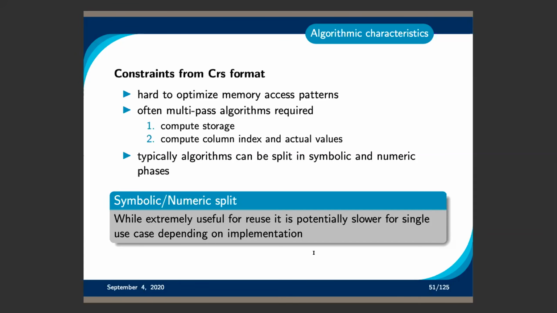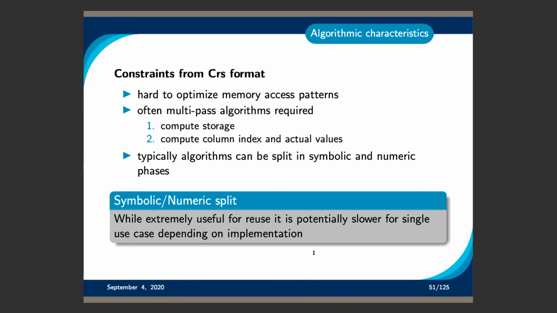And typically, because of these two passes, you can split the algorithm between a symbolic and a numeric phase. And while this type of split is extremely useful, especially if you have reuse for part of the operation, it can sometimes be a bit slower than writing an algorithm that will do it all at once, but it depends on implementation and other details.